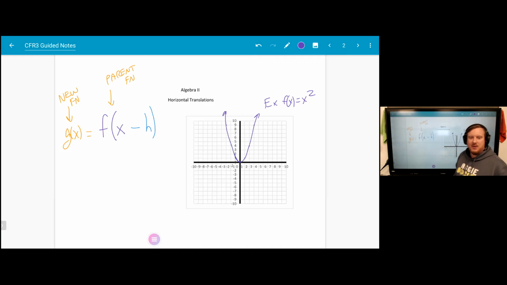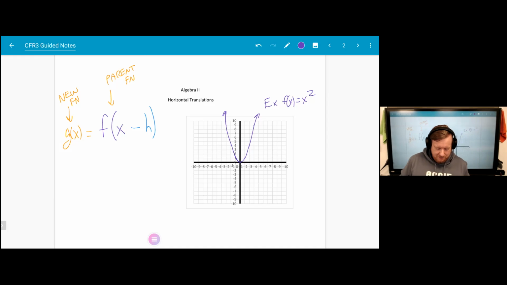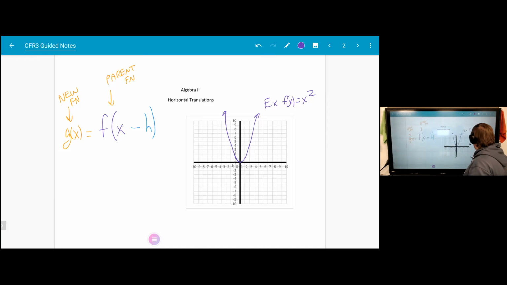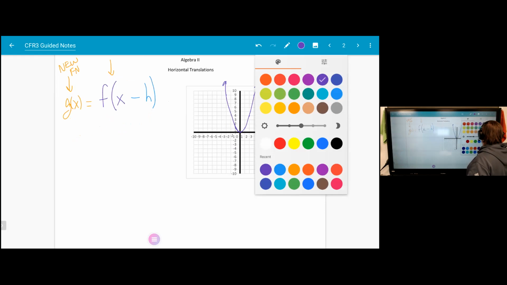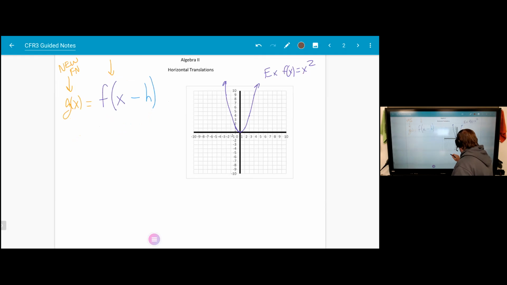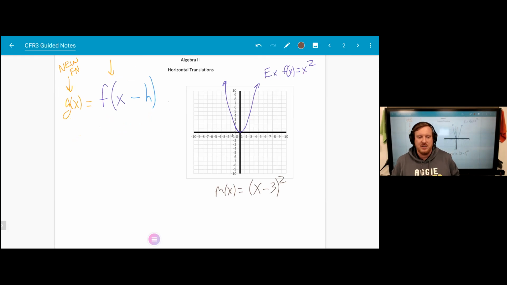Now, let's say that I wanted to shift it left or right. And hopefully at this point you've done the pre-work, because this is going to help out a lot. I'm going to say my m of x is equal to x minus 3 squared. So it's inside of what's being done to the function.